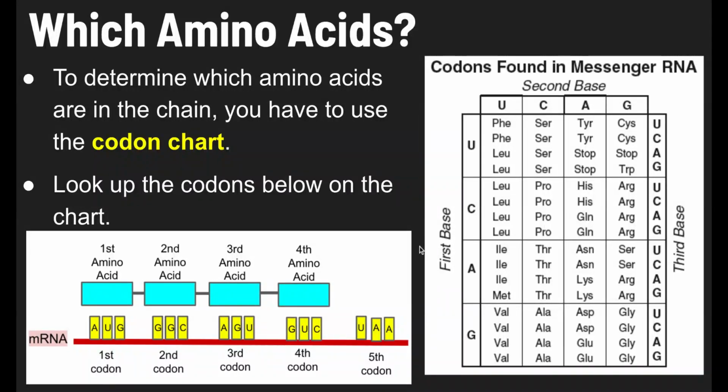So when I'm looking at this table, notice there were 3 letters in that codon. My first letter was A. So when you're reading this table, you're going to find the letter A on the left side. So there it is. Okay, my second letter was U. So you go up to the top and you find your second letter. So here is U.